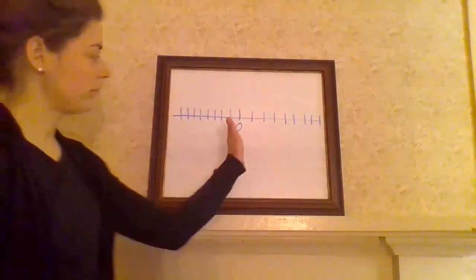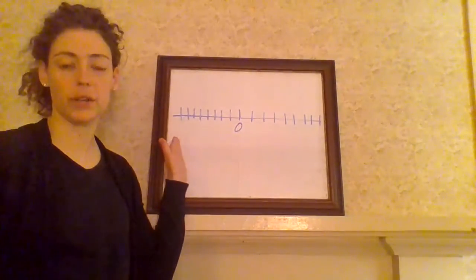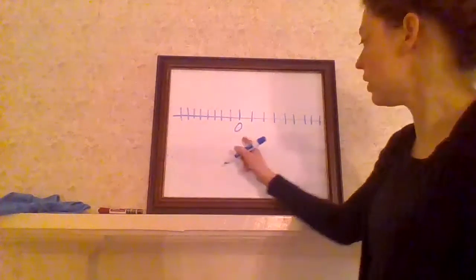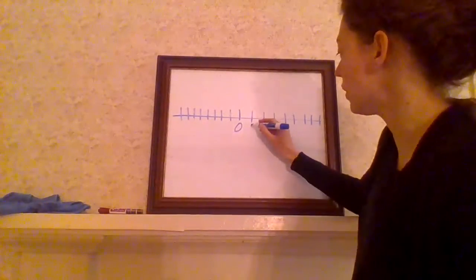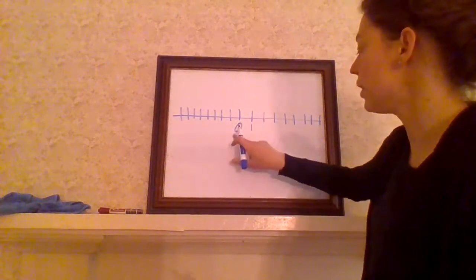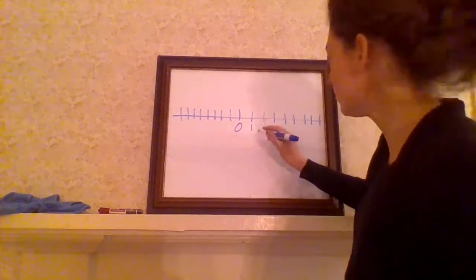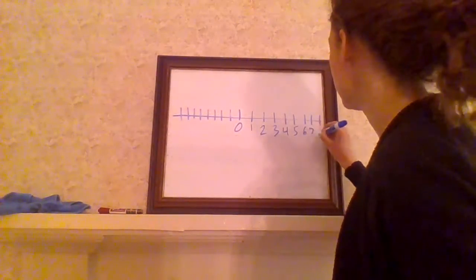Okay, so all of the numbers to the right are positive numbers, and the numbers to the left of the 0 are negative numbers. So if you had $0 and then you got $1, that is like 0 plus 1, isn't it? So we would call that 1. And then if you got $2, that's 0 plus 2, or $2. So 3, 4, 5, 6, 7, 8.